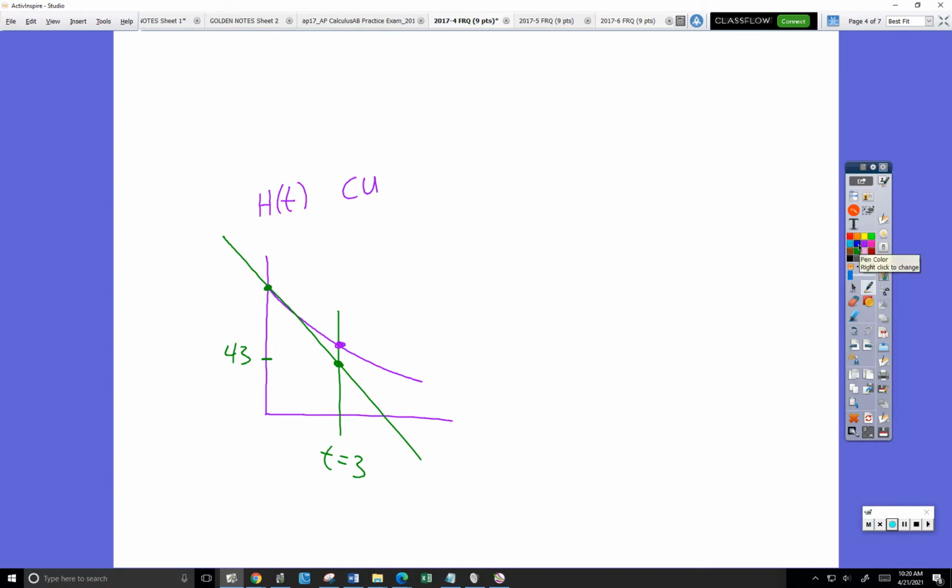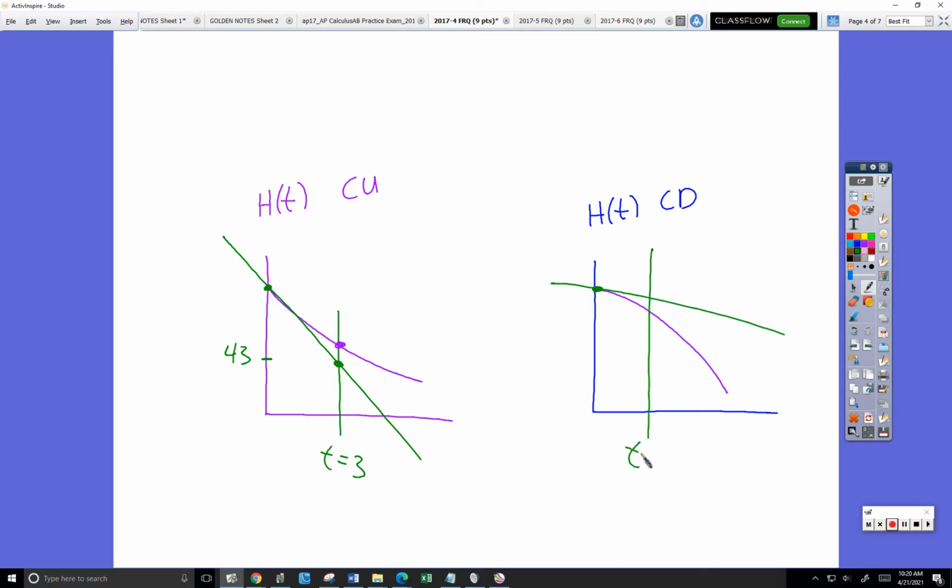If h were concave down, however, so again, I'm not doing this problem, I'm doing the idea so you can solve any problem. If h were concave down and we had drawn a tangent line, the temperature we would have found would have been above the actual value of the temperature of h.